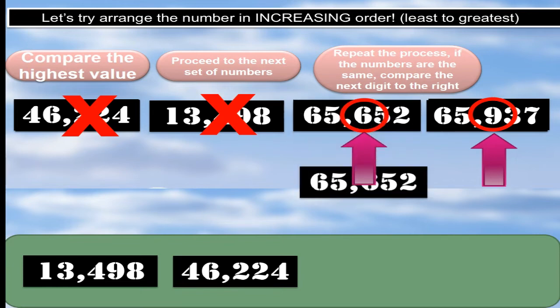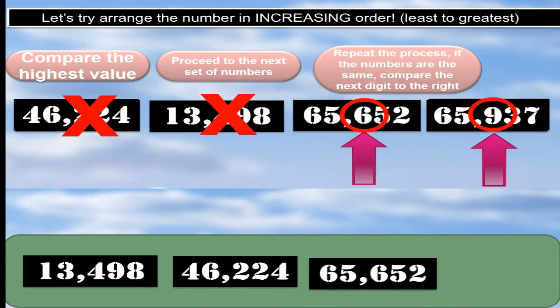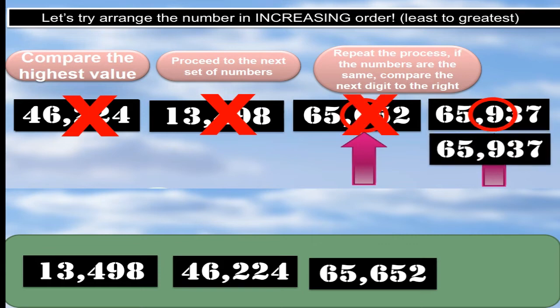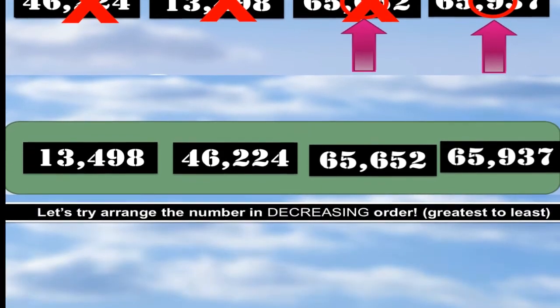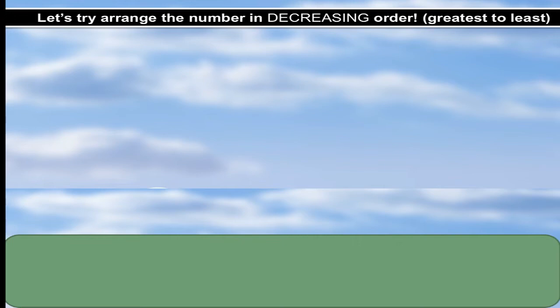So the next number is 65,652, and let's cross that out. The last number is 65,937.